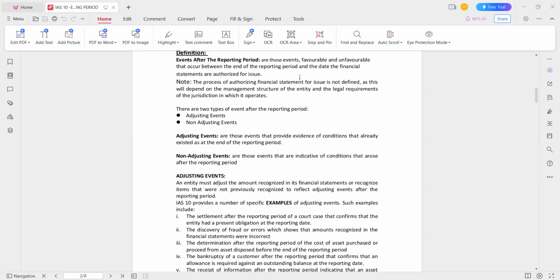Since by June 30th everything should be ready, from your example, which month, which date should we cut? If the accounting year end is 31st December, and by law you have to round up by June 30th, when should we have the cutoff period to classify as events after the reporting period? Okay, thank you.